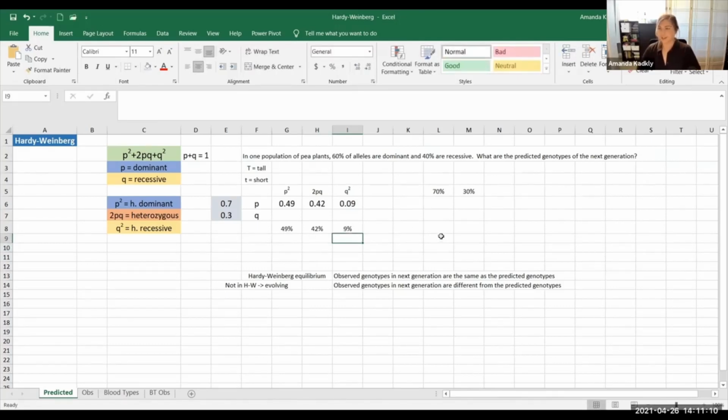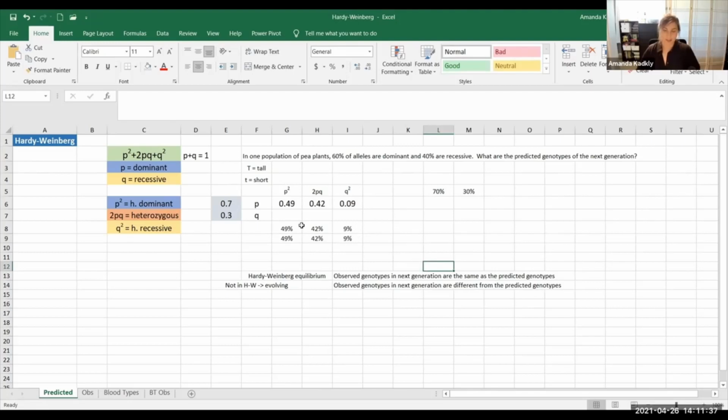And if we actually went out and observed how frequent these genotypes were, and we got 49%, 42%, and 9%, would this be in equilibrium or evolving?